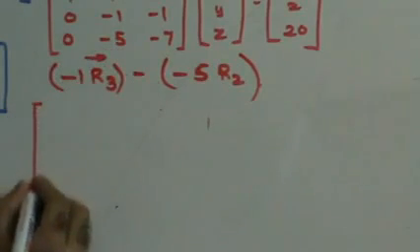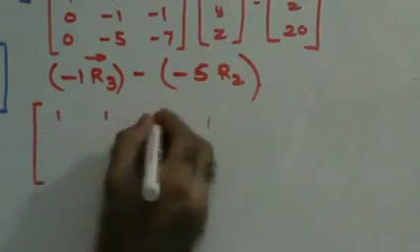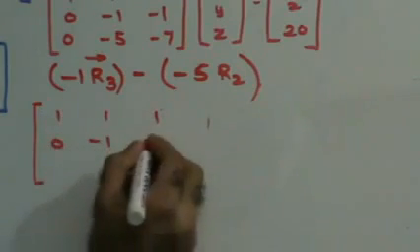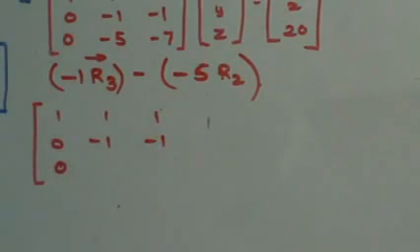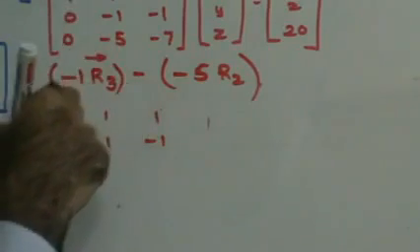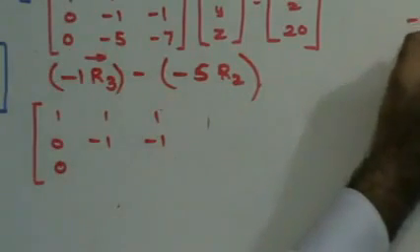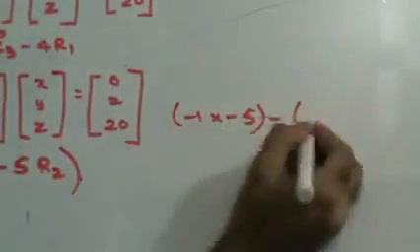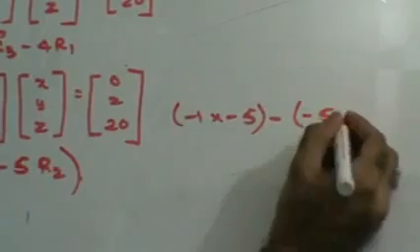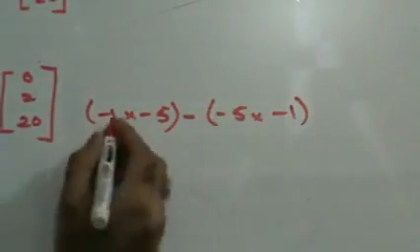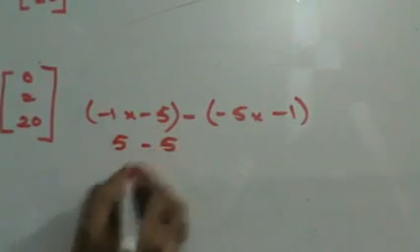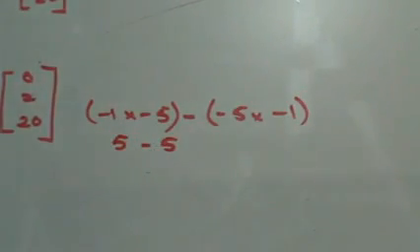So in that case, this is going to be 1 1 1, 0 minus 1 minus 1. Now 0 minus 0, 0. Minus 5 into minus 1, see guys, it is minus 5 into minus 1 minus 5 into R2 minus 1. So this is going to be 5 minus 5, which is 0. That's how I'll get my 0.